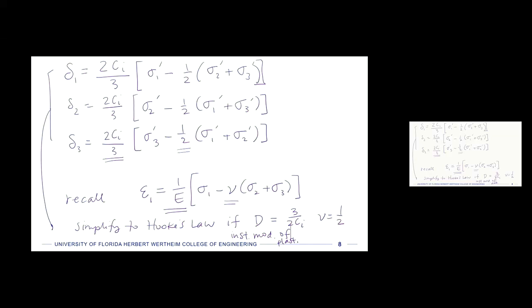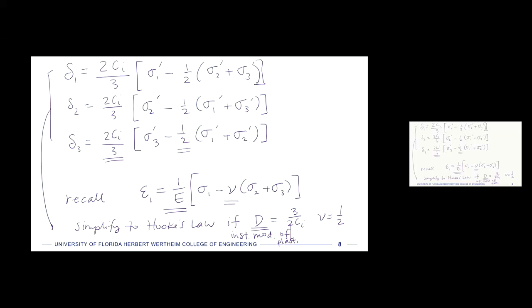So that's helpful. Now we have a formulation similar to Hooke's law, but now it's for plasticity. So we're not limited to the elastic range, and we have some other modulus that we'll put in, this D.